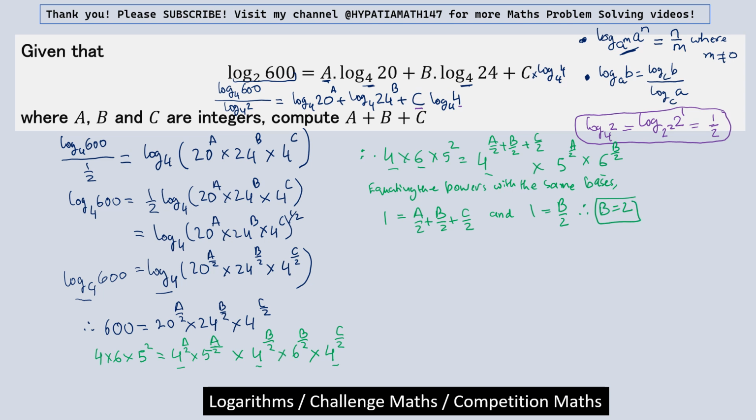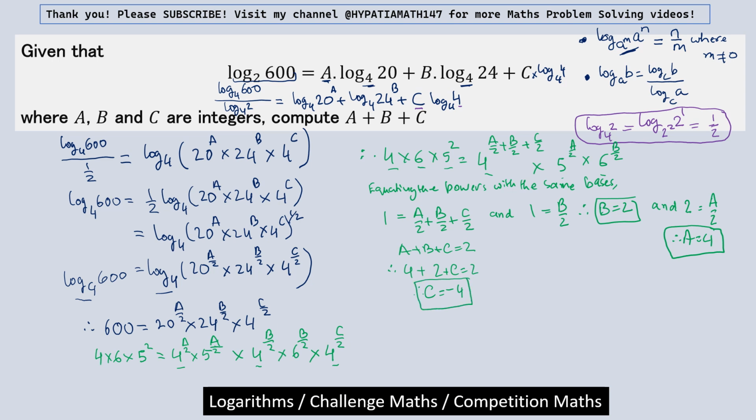And for 5 I would get 2 equals a out of 2, therefore a equals 4. So I know a equals 4, b equals 2, and from here I get a plus b plus c equals 2, and therefore putting in the values, a is 4 plus b is 2 plus c is 2, therefore c is minus 4.